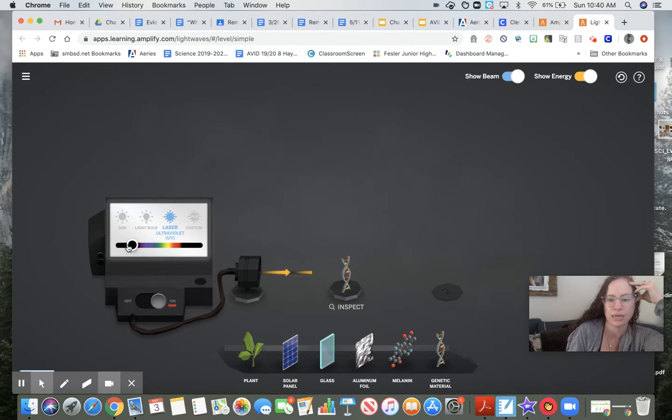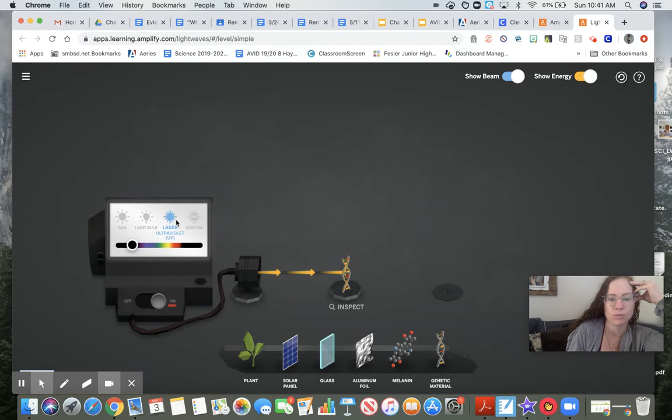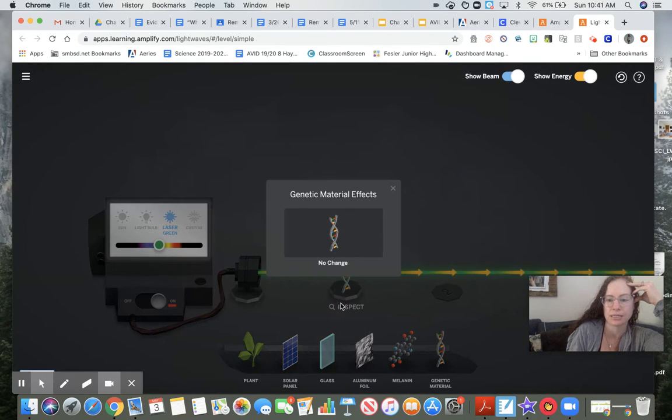Ultraviolet, though, now the energy is no longer going through. It's stopping in the genetic material. And remember, our word for that was absorbed. And if we press inspect here, we had damage. Whereas when we saw that the light was just going through, and I press inspect, nothing happened.